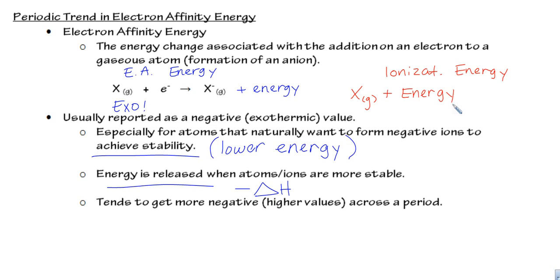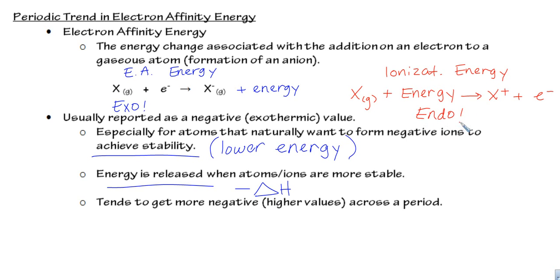Now that electron, even though there are some atoms that would like to lose an electron to become more stable, is still attracted to the positive nucleus. So we still have to add an amount of energy to remove that electron. So then we'd form the positive ion and we'd release an electron. This is endothermic.